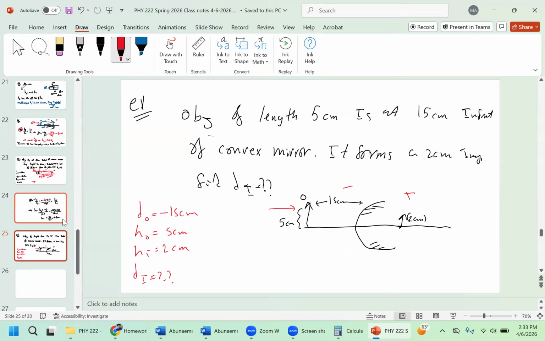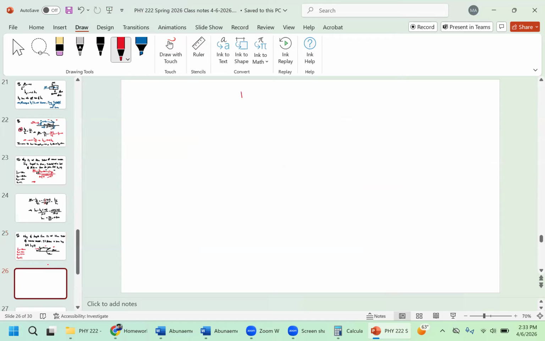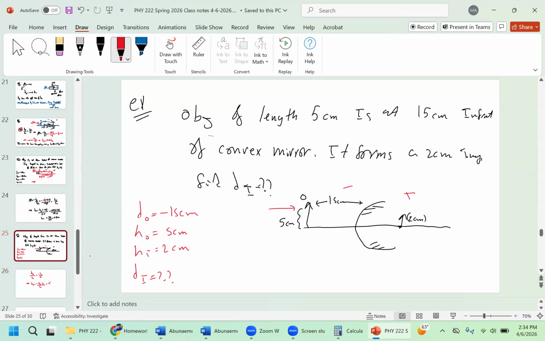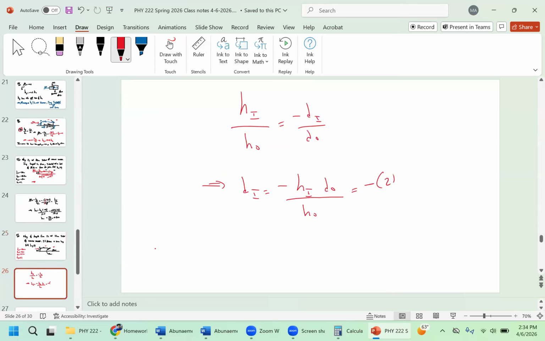Again, happy to use the equation. HI over HO equals minus DI over DO. That means DI is going to equal minus HI times DO over HO. So this will be DI equals what? Minus HI is 2. DO, the distance of the object, is minus 15.